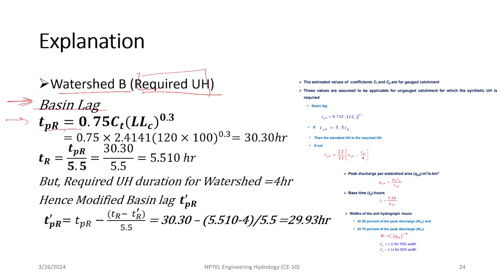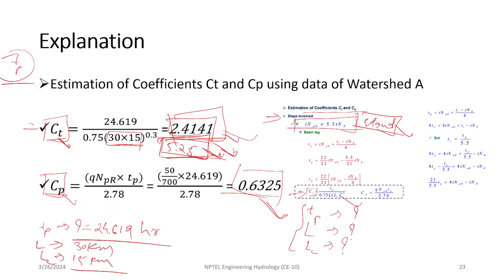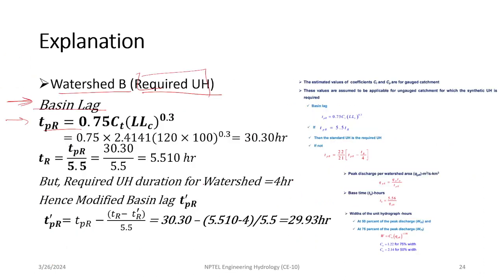It is just this one. The only thing is that this 24.619 has been replaced by TPR, right? From this you can see CT, TP upon something. Just this denominator part is multiplied by CT, and we get a TP value. Don't confuse with this.